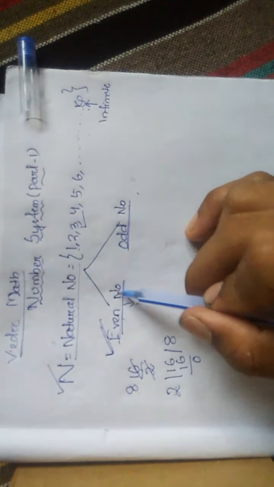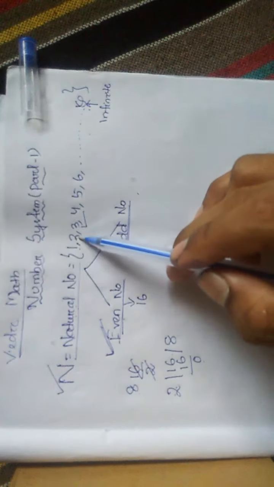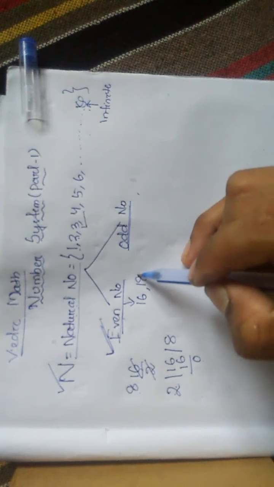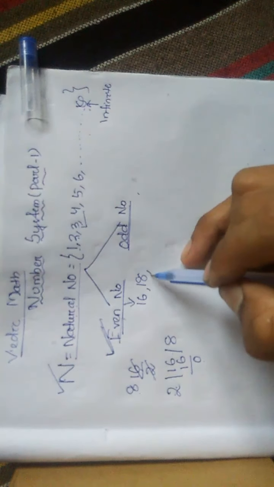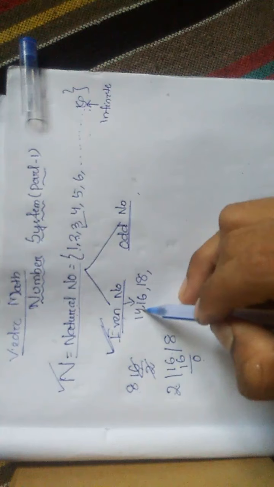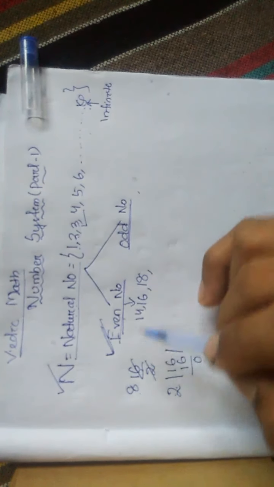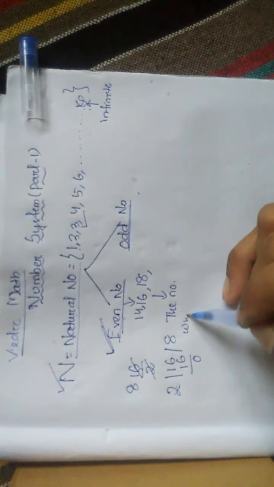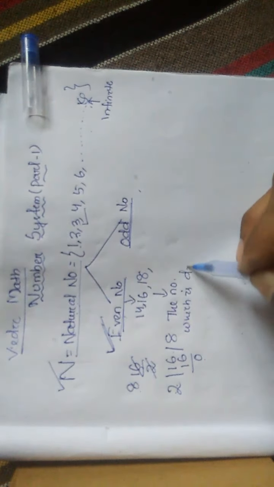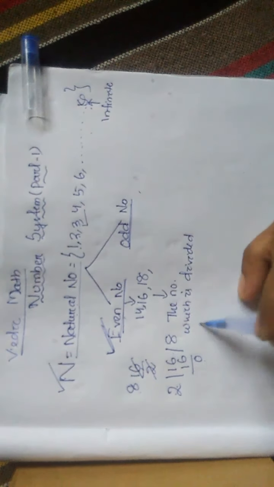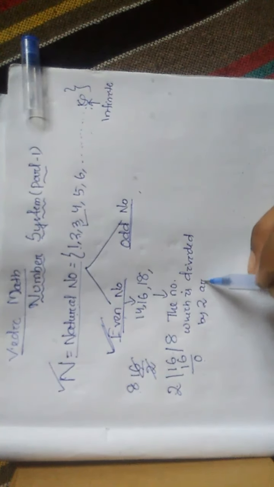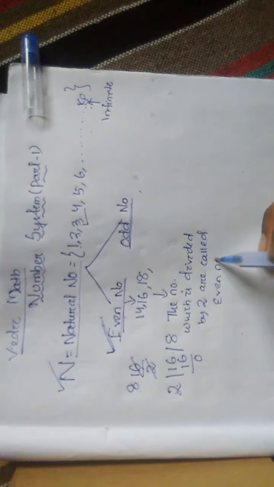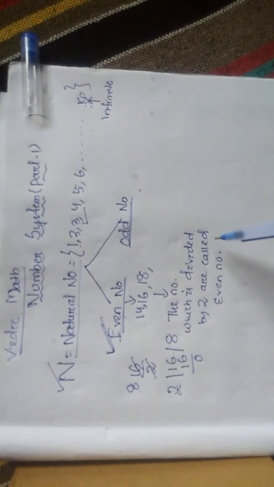So what are the even numbers? The numbers which can be divided by 2 are called even numbers. Similarly, can 18 be divided by 2? Yes, 18 is also divided by 2. 14 is also divided by 2.